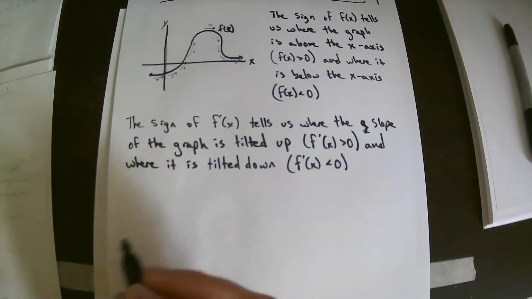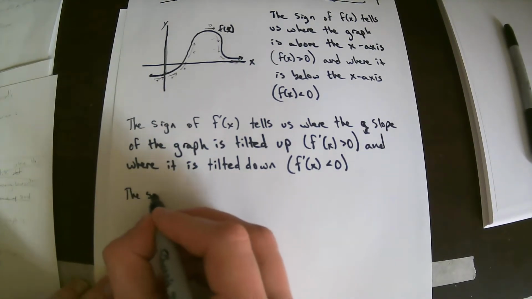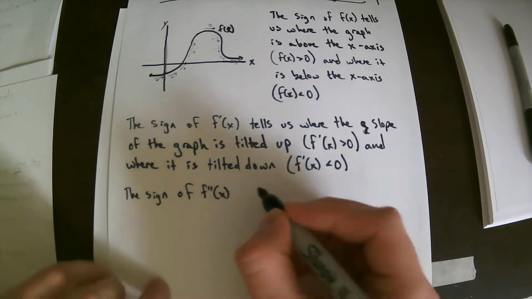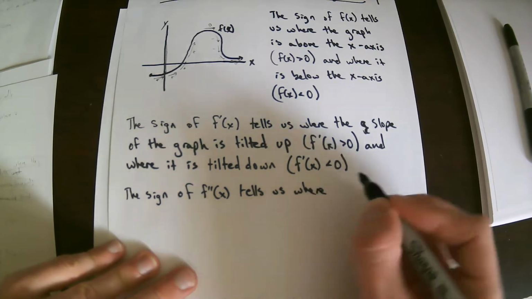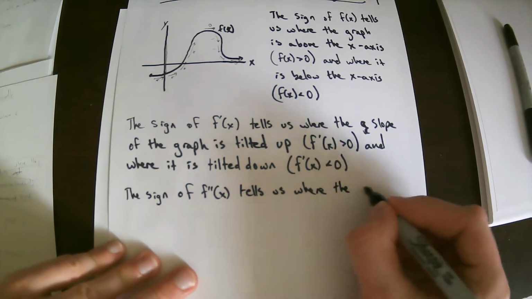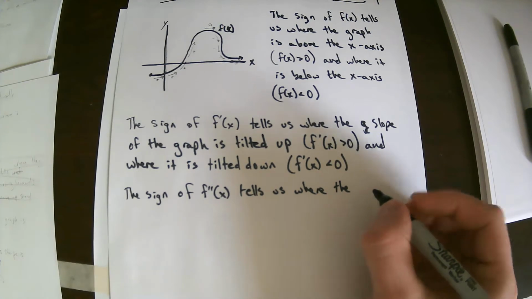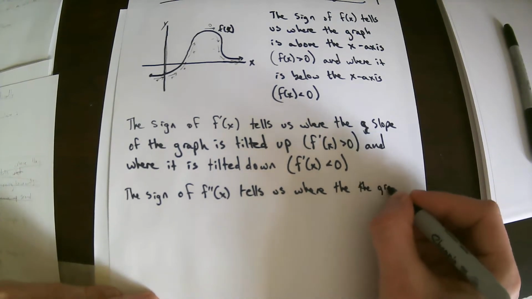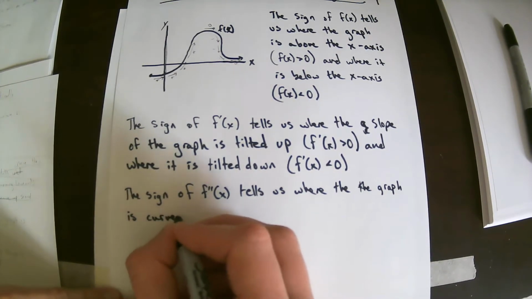What about the sign of the second derivative? What does that tell us? The sign of the second derivative tells us where the graph is curved up.